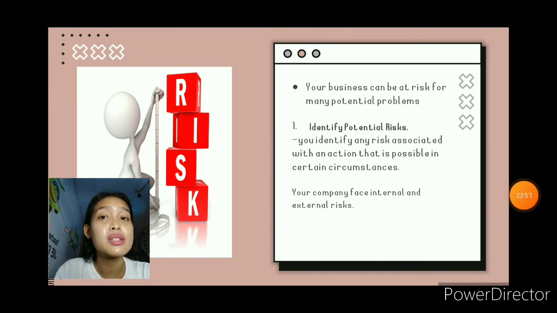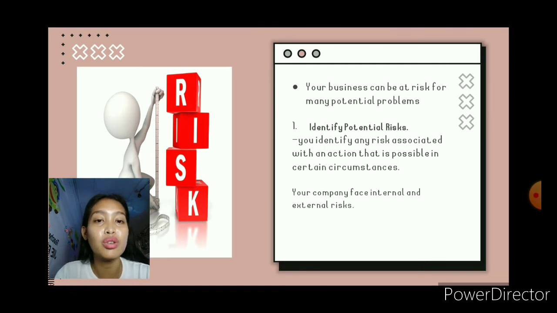As a business owner, you need to identify any possible risk that is in your business. So there are two types of risk: the internal and external risk. Internal risk includes fire hazards, computer failure, theft, and harassment. In the external risk, there are computer hack, economic downturn, pandemic, floods, and also calamities.